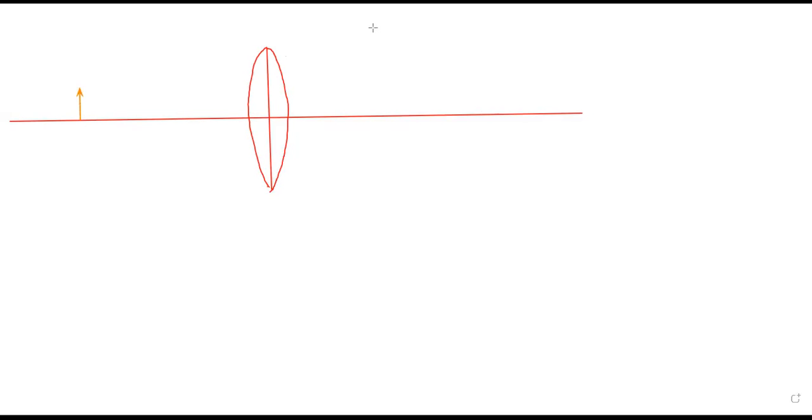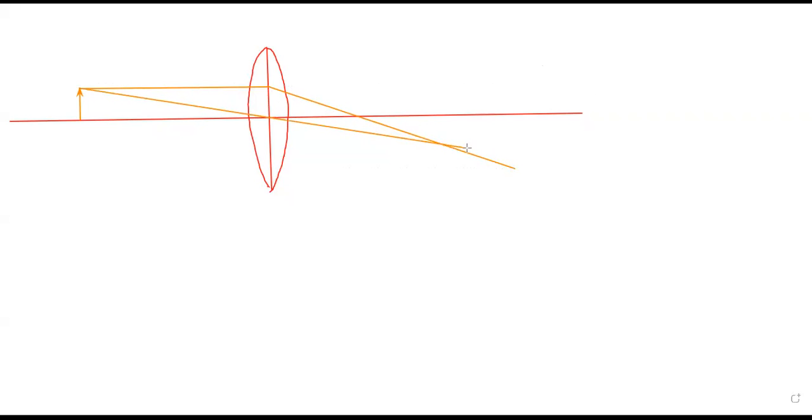So the first light ray is going to come parallel to the principal axis. And as we know, it will refract through the focus on the other side. And for the second ray we will take it through the optical center.